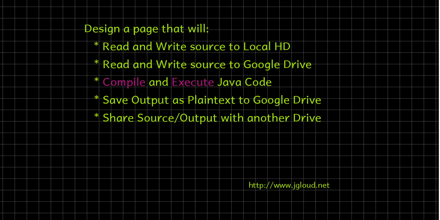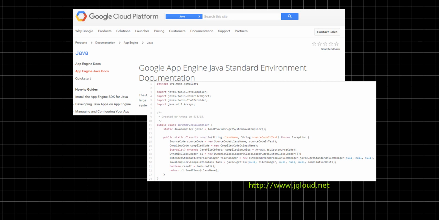The best solution that I've been able to find uses the Google Cloud Platform. This Google Cloud Platform actually allows us to write servlets that are hosted on the Google Cloud that we can send data to and get data from. And in the process of sending data to or getting data from, there's this wonderful set of classes that basically compile Java in memory.